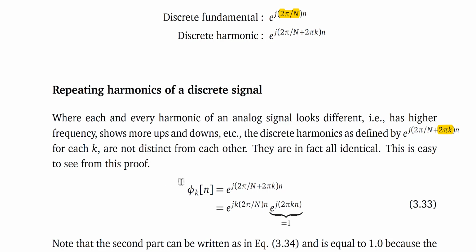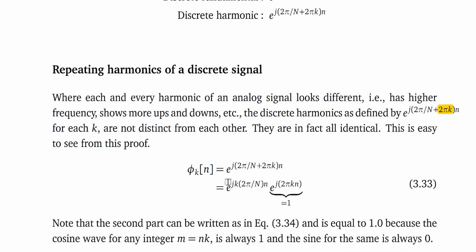They're in fact all very identical, and you can see why from this proof. You take 2 pi n, you add 2 pi k, then you break this thing out because they're just powers. This part here, as I showed you in lecture 2, comes out to be 1.